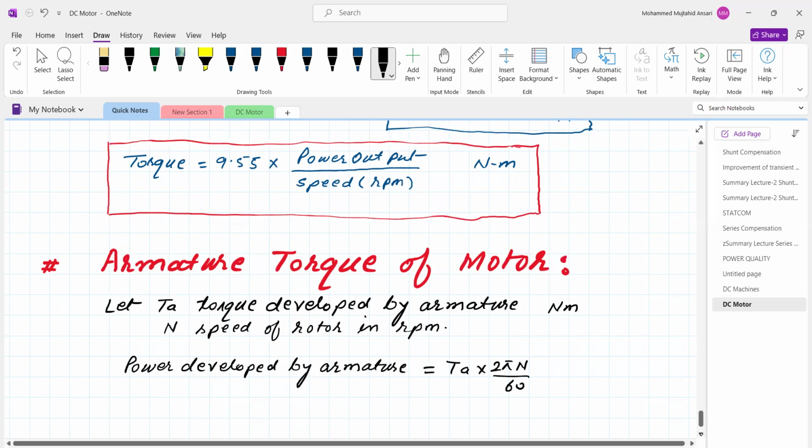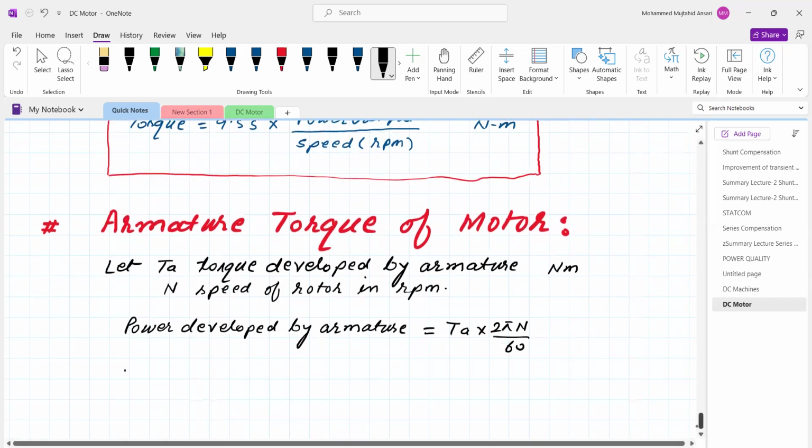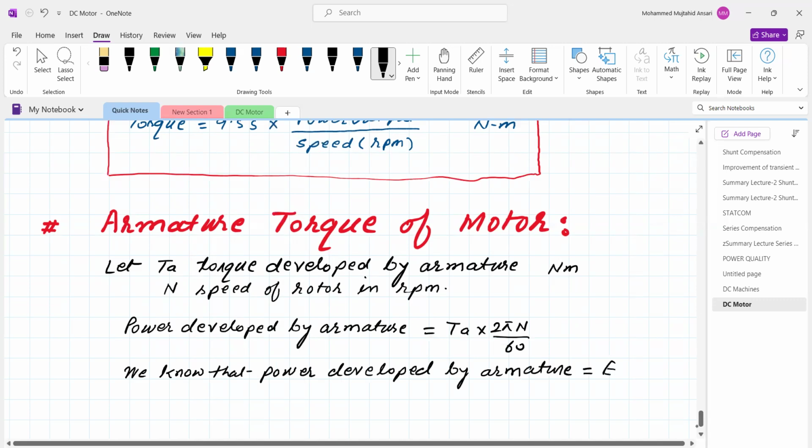We know that power developed by armature equals back EMF into armature current.